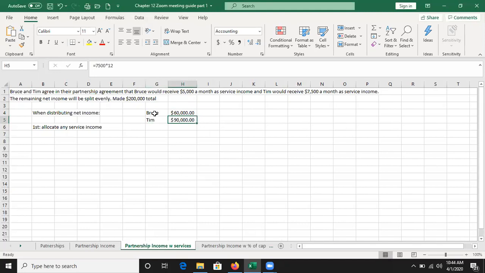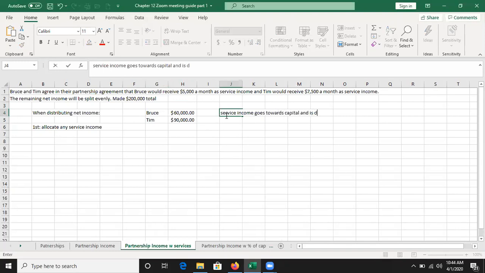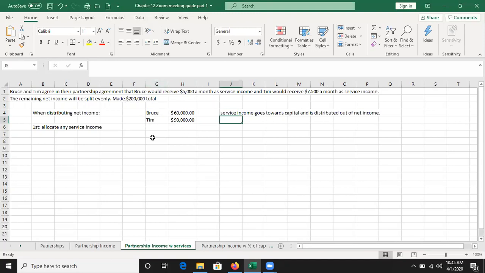All right. So this service income goes towards capital and is distributed out of net income. Okay, that's important. So Bruce is receiving 60,000, Tim's receiving 90,000. It comes out of their total net income.